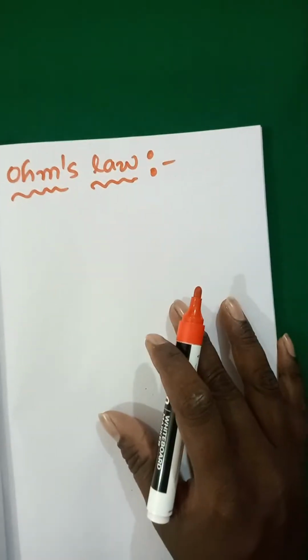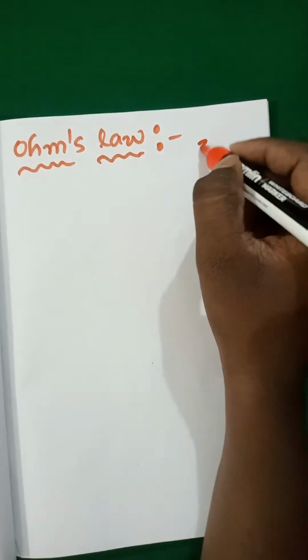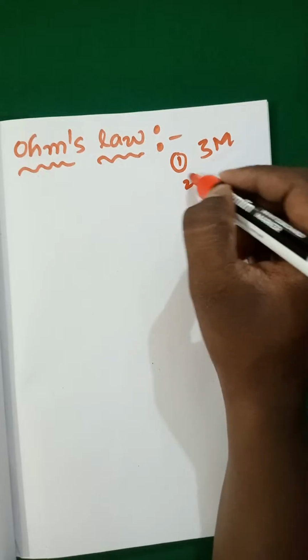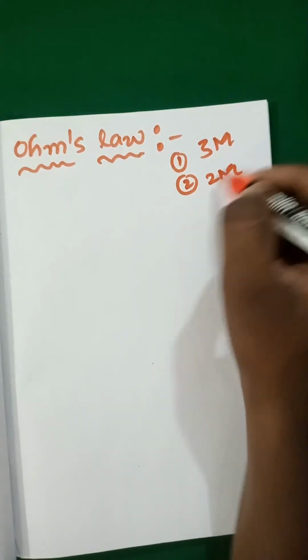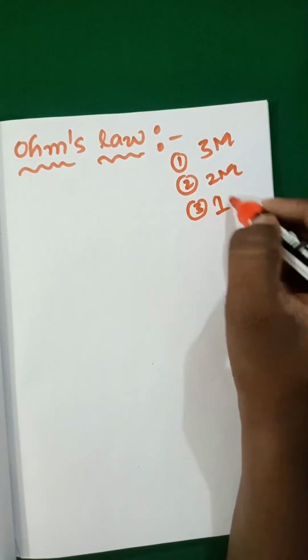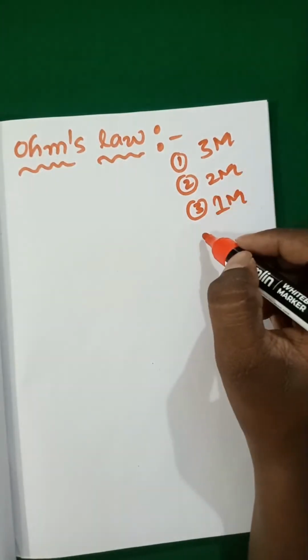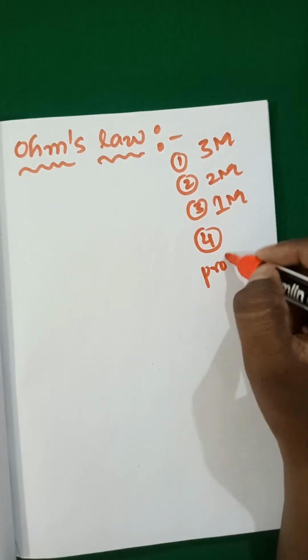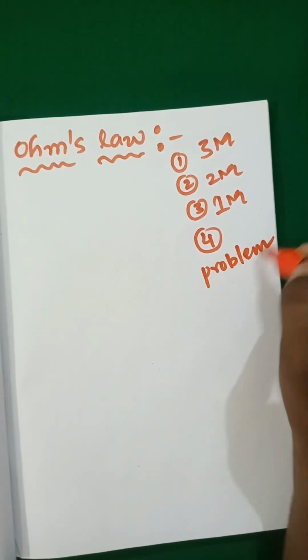Definitely this question will come for 3 marks. Point number 1 is 3 marks, point number 2 is 2 marks, point number 3 is 1 mark, and point number 4, a problem will also come. Definitely an expected problem. That much important this is.